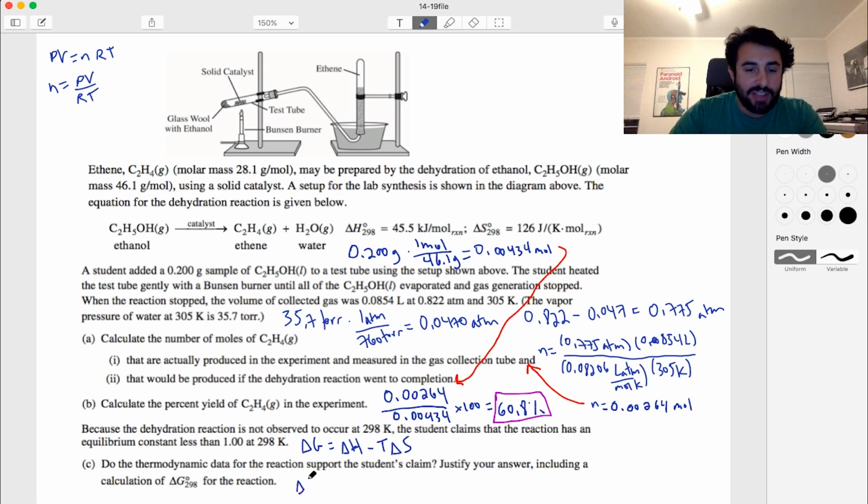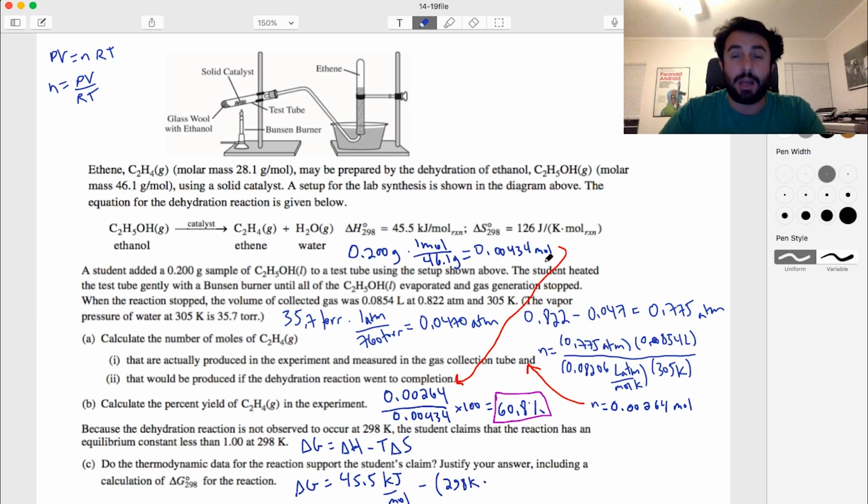So in this case, delta G at 298, we're given the delta H and the delta S at 298. And so the delta H is 45.5 kilojoules per mole. And we're going to subtract from that, T is 298 K. And then delta S, be very careful here.